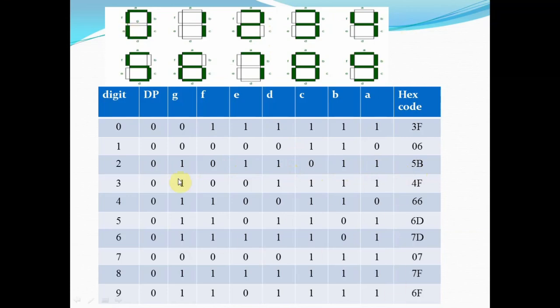Likewise, I have created this table for the common cathode display. This is the basic information that you need when you want to interface a common cathode 7 segment display.